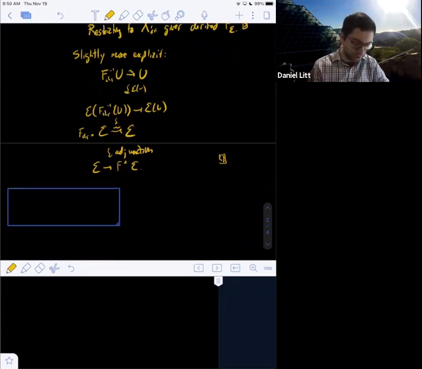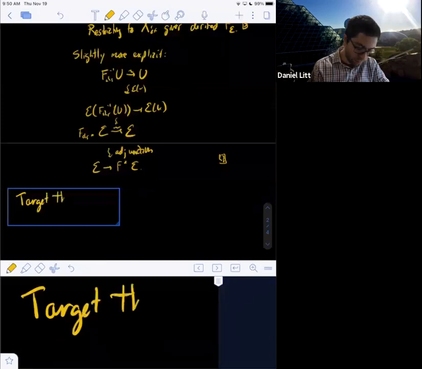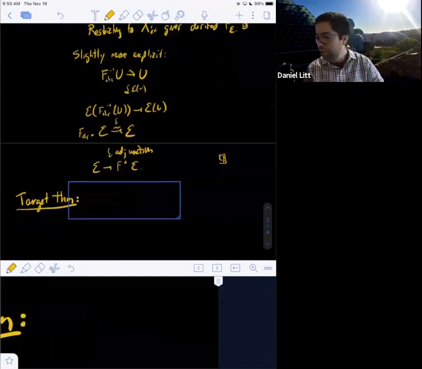Okay, so let me just state the target theorem then. So the target theorem is going to be the following.